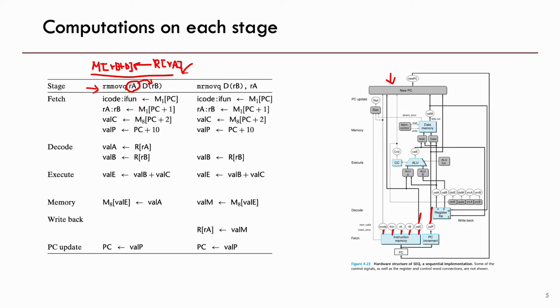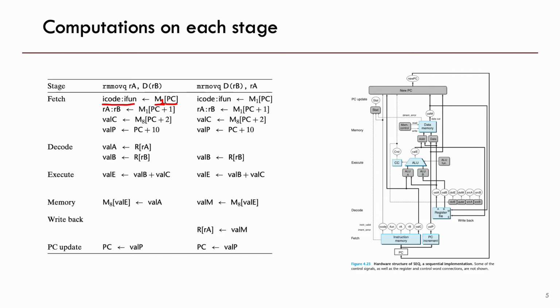So this instruction is not complete, so actually the computations are listed in this table. Let's take a look one by one. So let me erase all the ink, then annotate again. In the first stage, the fetch stage, we read 1 byte from the memory, and its start address is PC, and then we store it into icode and ifun.